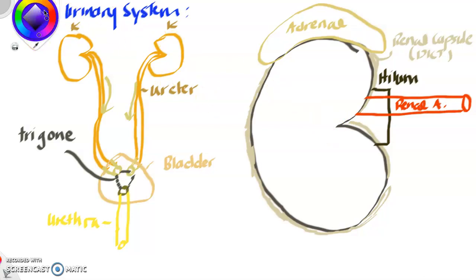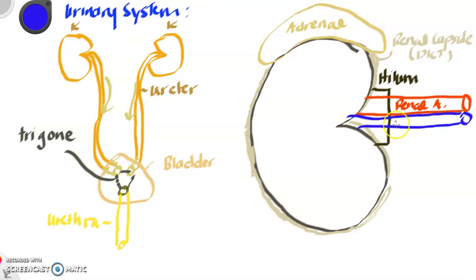All right, of course, if we have an artery, we're going to have a vein. All right, so we've got a renal vein. The renal artery brings blood into the kidney. It's connected to the aorta, the abdominal aorta.